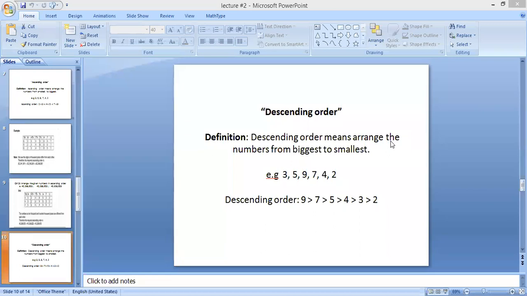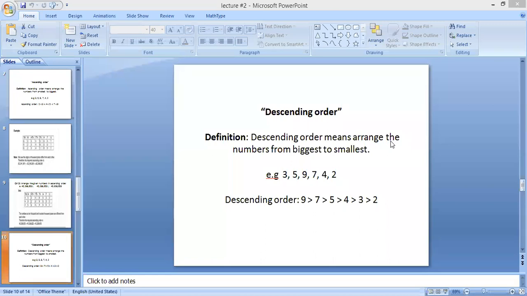You will write 9 is greater than 7. Then after the 7, you have 5, so 7 is greater than 5. After the 5, 5 is greater than 4, then greater than 3, and then greater than 2. You can write down descending order this way.